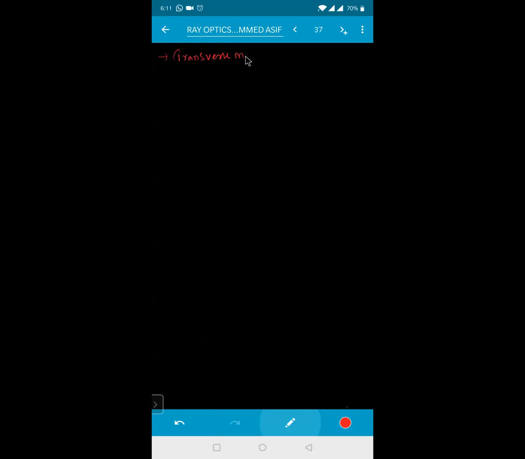Transverse magnification. I'm not deriving the derivation; it is not required right now. So I'm just roughly giving you an idea. You see, this one here is, say for example, a mirror, and it is silvered on the outer side.